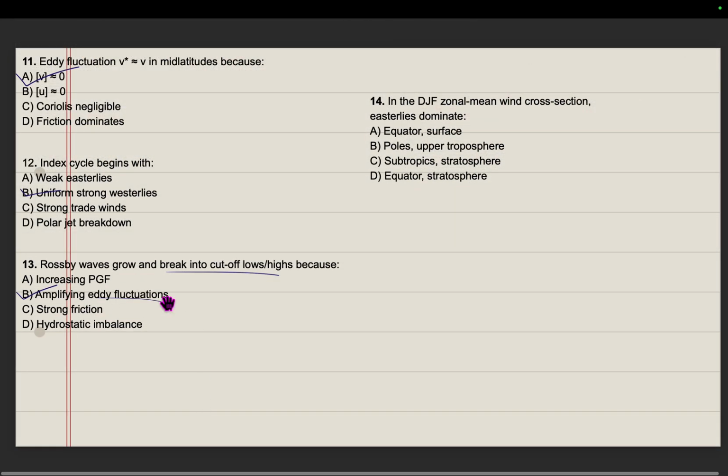In December, January, February, the zonal mean wind cross section is still dominant. Options: equator surface, pole troposphere, subtropic stratosphere, equator stratosphere. In December, January, February, easterlies dominate.